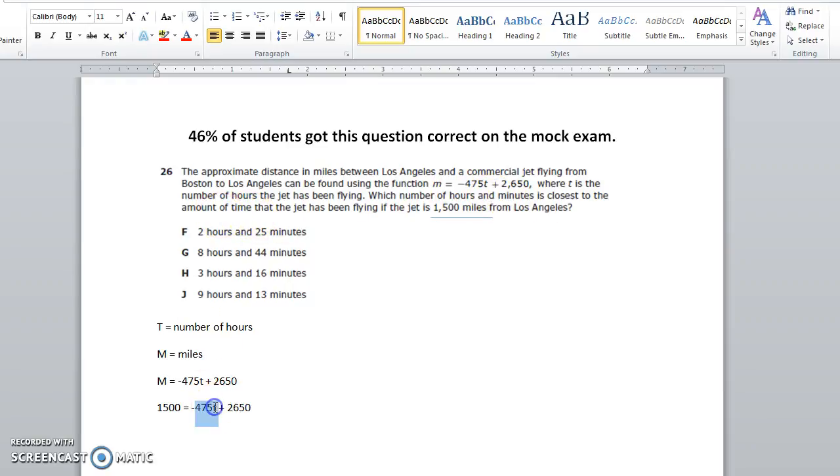So I'm solving for my variable right here. I'm trying to find what the t is. So I need to, first of all, get this all by itself. So I need to move the positive 2,650 over by doing negative 2,650 on both sides.